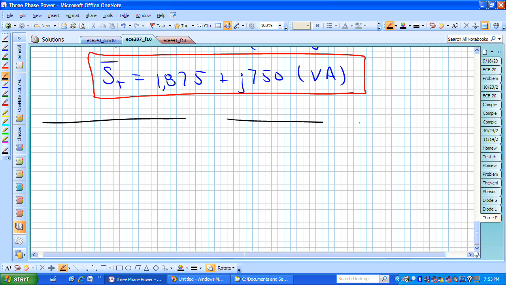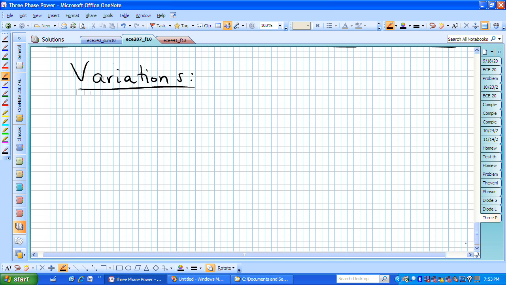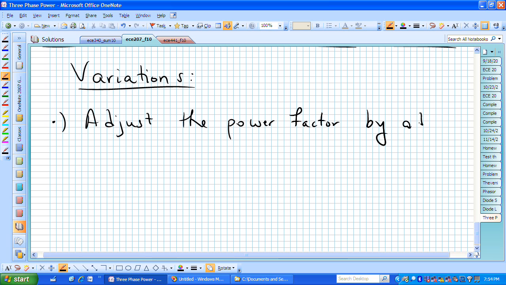Some possible variations, modifications, or extras that might be asked for a 3-phase problem: somebody might ask you to adjust the power factor of any of the loads, and since it's balanced, you would be adding the same amount of capacitance to each of the phases, and you can just look at one phase at a time.